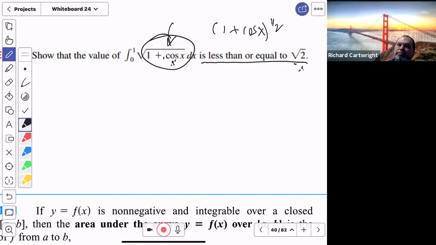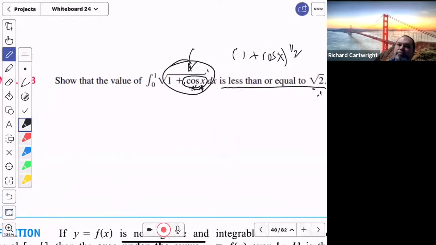Look at this: 1 stays a 1 no matter what. But x can be any angle you want. But what's the maximum that cosine can be? Try 10 degrees, 30, 40, 60, 90, 100, 300. Doesn't matter. What's the largest value cosine can ever be?